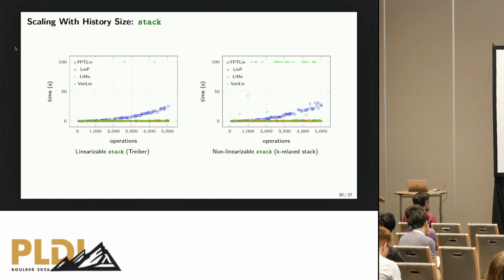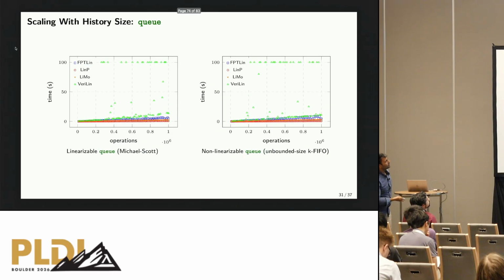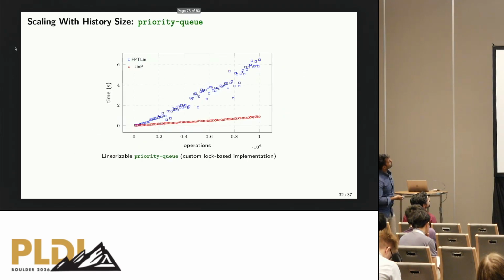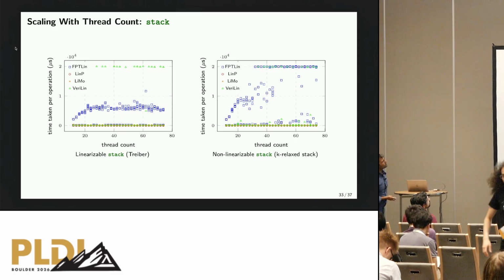And we showed that our tool does reasonably well, and it grows not too badly with the number of operations in the history. And when it comes to the number of threads, the scalability is also not too bad.